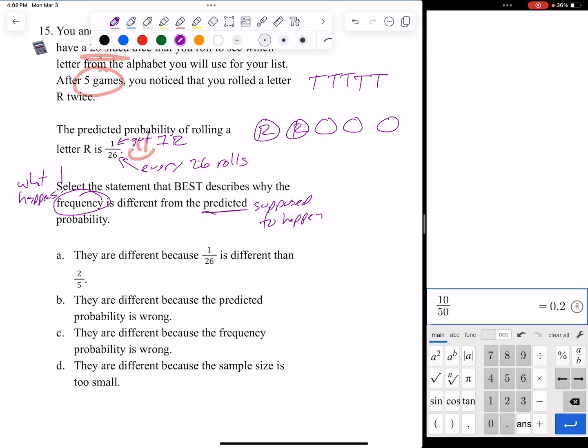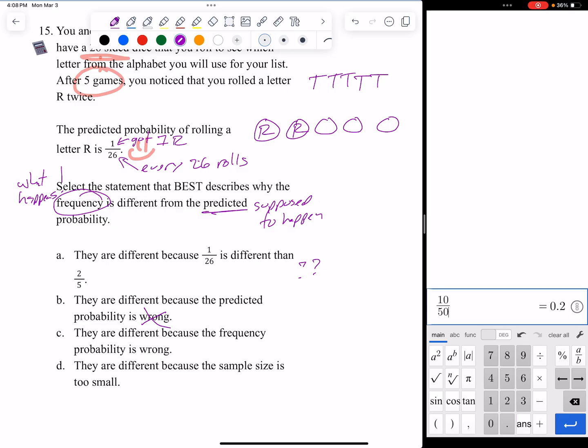I mean, I guess that's true. Okay, moving on. They are different because predicted probability is wrong. Is the predicted probability wrong? No, it is right. It is 1 out of 26. They are different because the frequency probability is wrong.